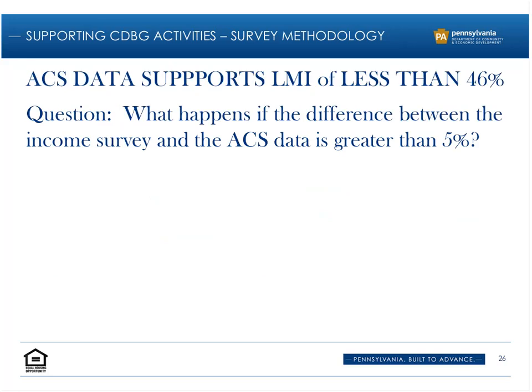I know that a lot of folks are not in agreement with ACS data. And we have extensively talked with the Penn State Data Center about validating surveys when they're conducted that have a large deviation from the ACS data.